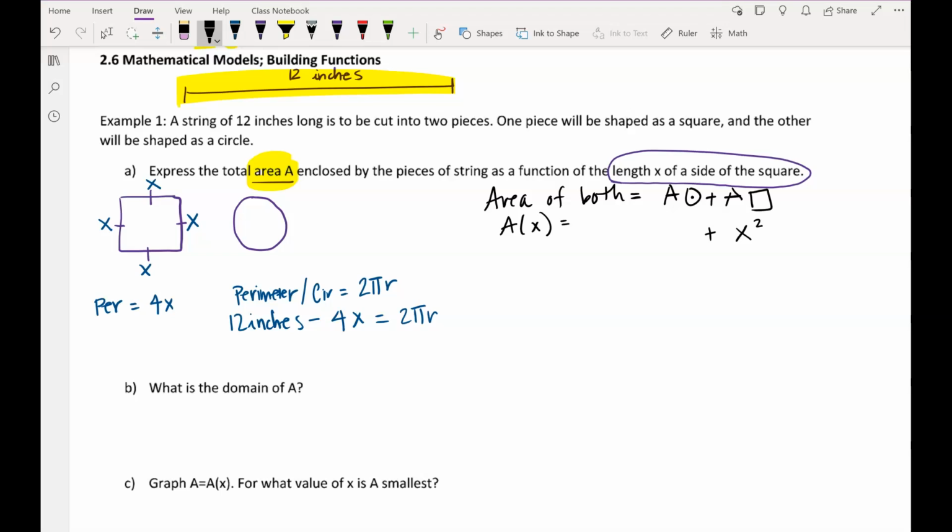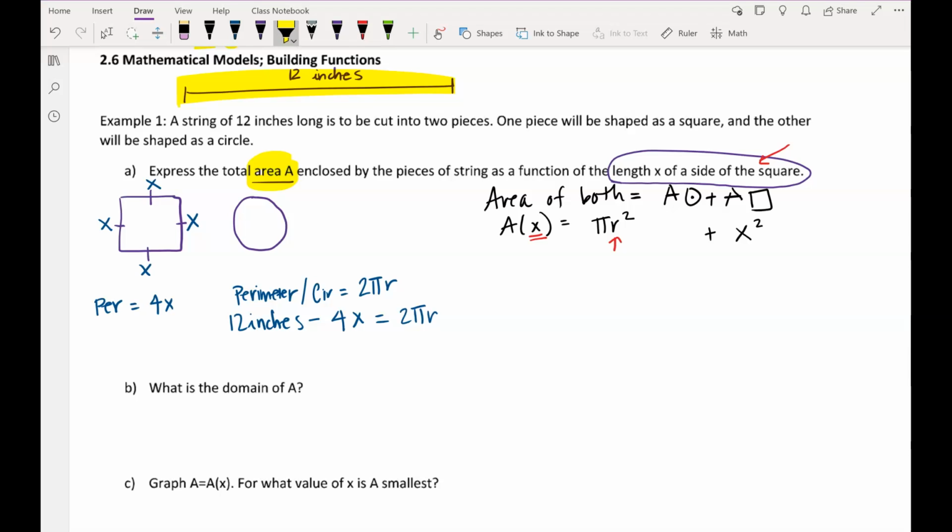The area of a circle is pi r squared, but it does not want r in it. Remember, we want it only in terms of x, and x means one side of the square.